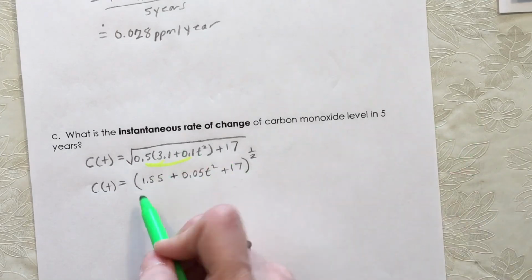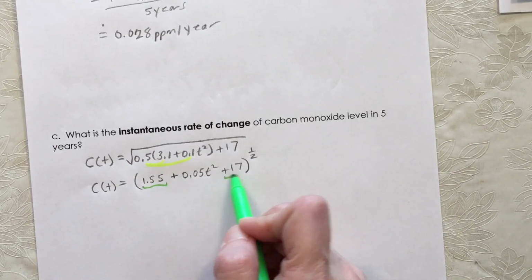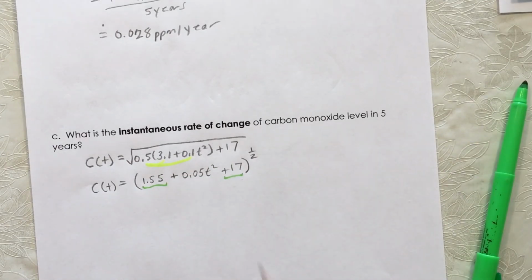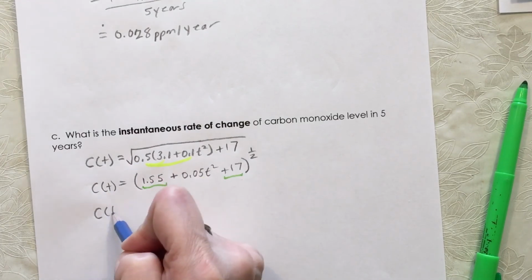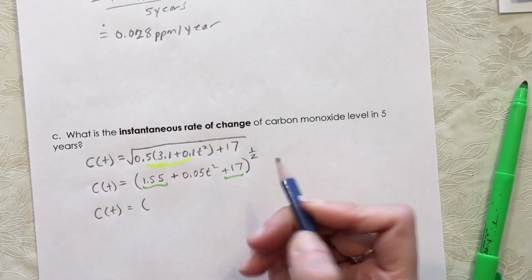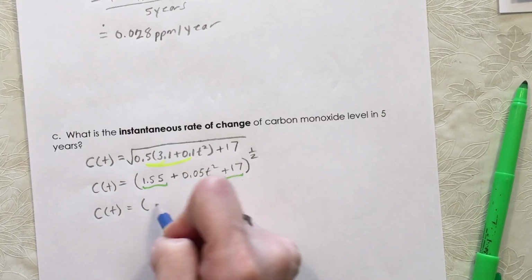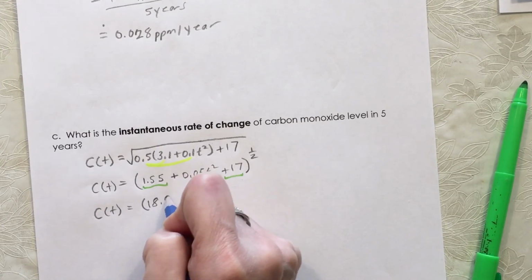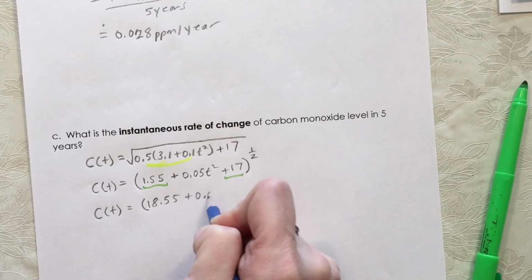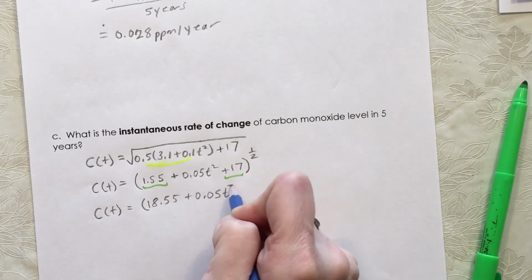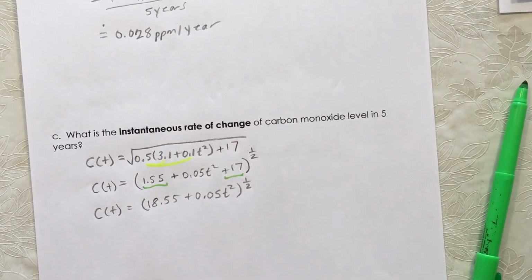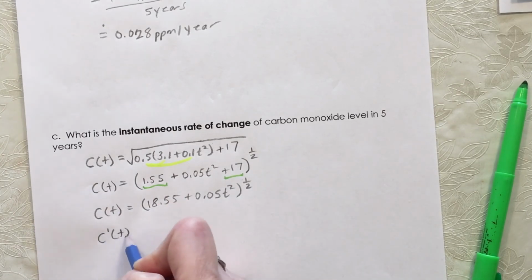But 1.55 is a plain number, and so is 17, so we can add those together. So we're still just rewriting the function c at t and trying to make it as friendly as possible to derive. That's going to give me 18.55 plus 0.05 t squared all to the half. So now I'm ready to find c prime at t using the chain rule.